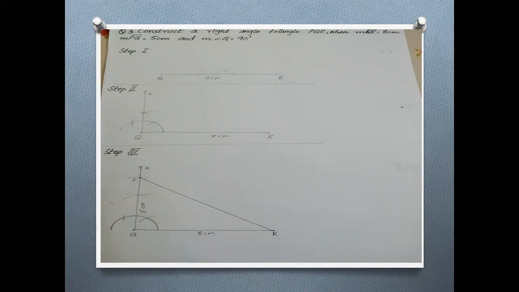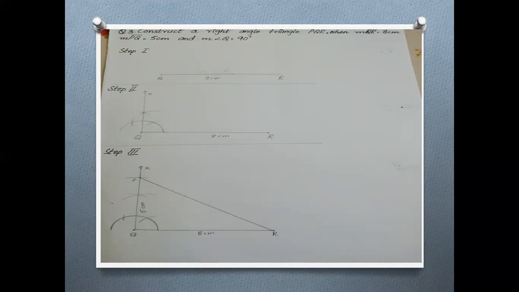You also can draw PQ 5 cm, no matter, the triangle must be a right angle triangle. We draw QR 8 centimeters. On point Q, draw the angle of 90 degrees with the help of the compass. Everywhere when you are drawing the angle of 90 degrees, you will use the compass, not the D.